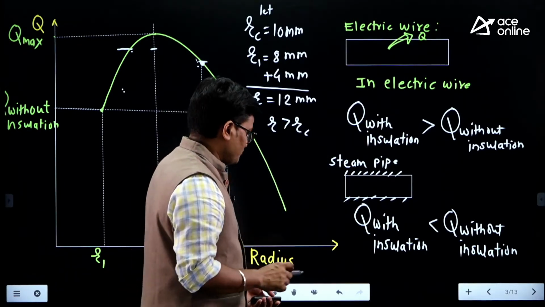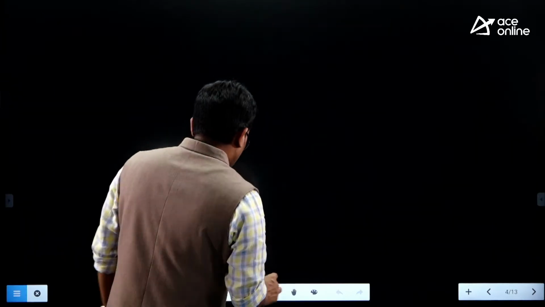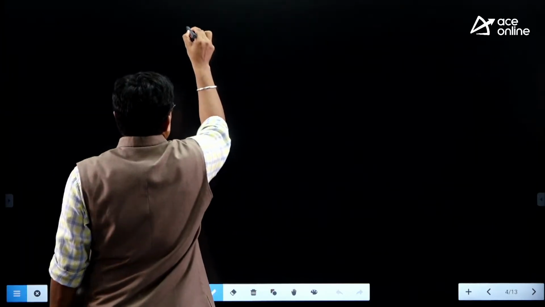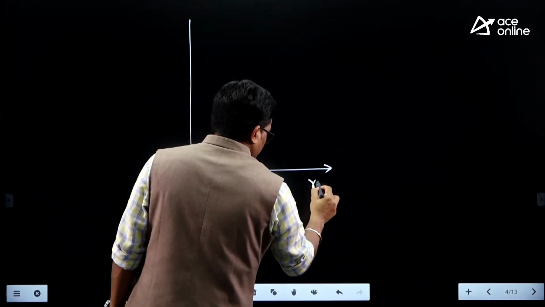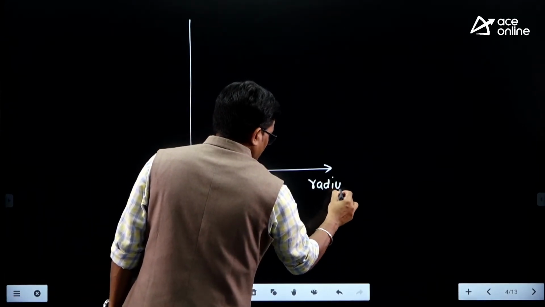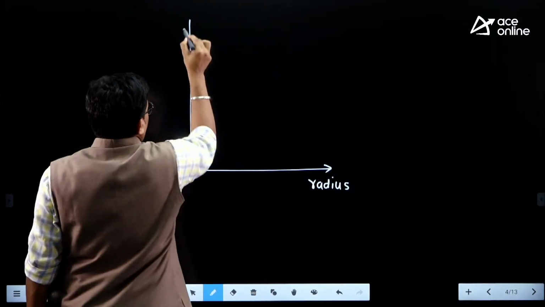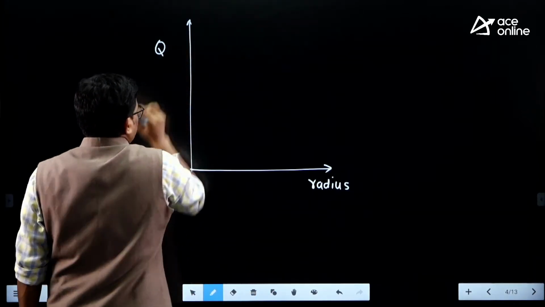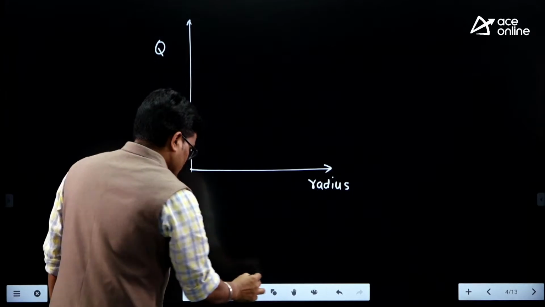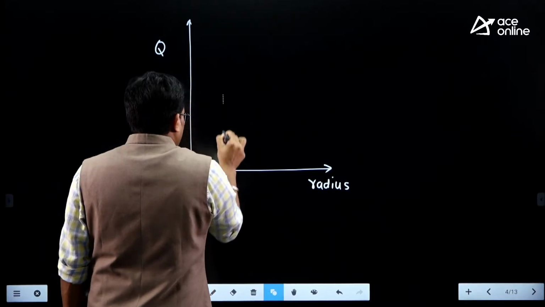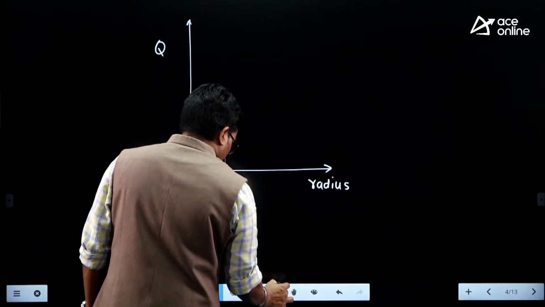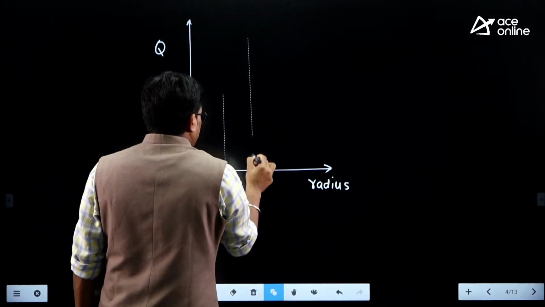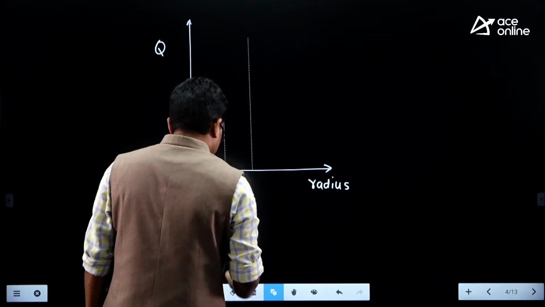Now look at the board. Suppose this is your radius, and this is your Q. Always remember, suppose this is the starting point, this is your critical thickness, something like that.